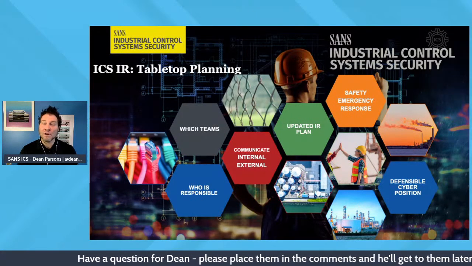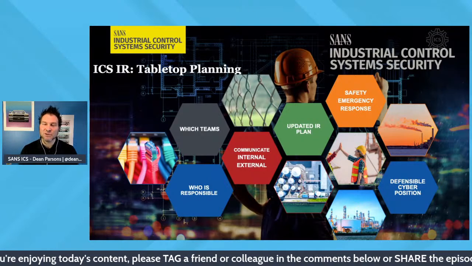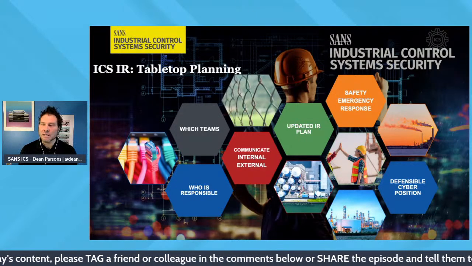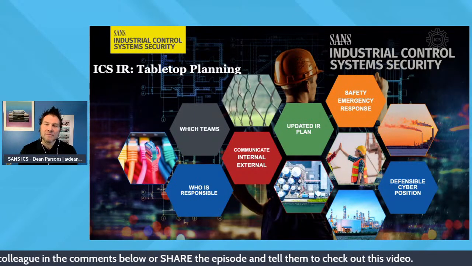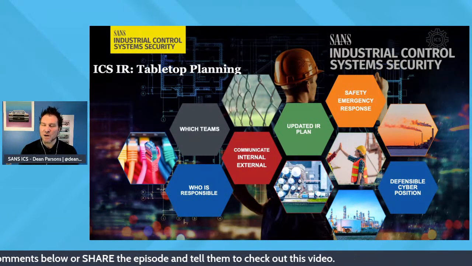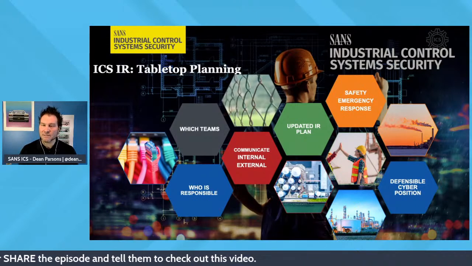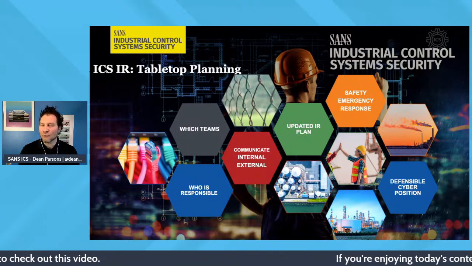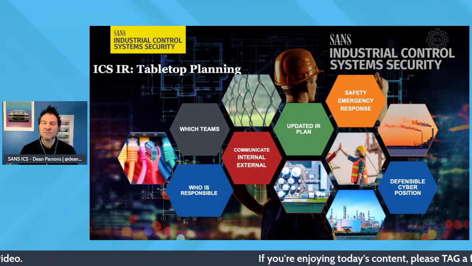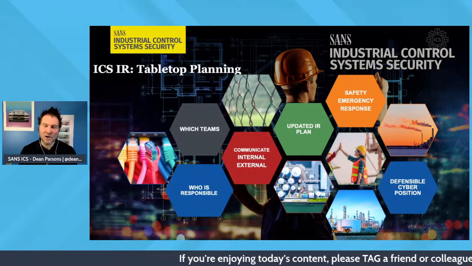Now, one thing I want to point out is the safety and emergency response in most engineering industrial control system environments is probably already established. That's going to be a safety and emergency response for physical controls at the site, physical incidents that may have occurred or could occur in the future as well. So they probably have some kind of procedure already documented.